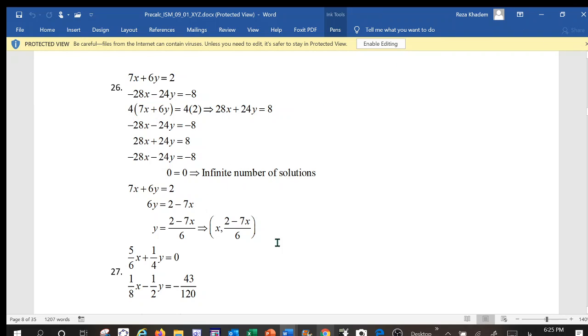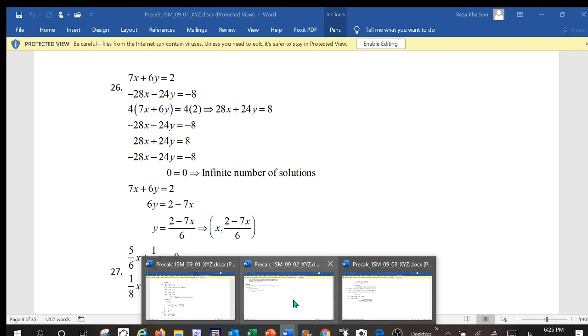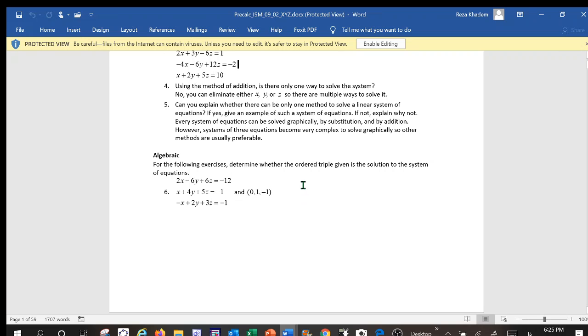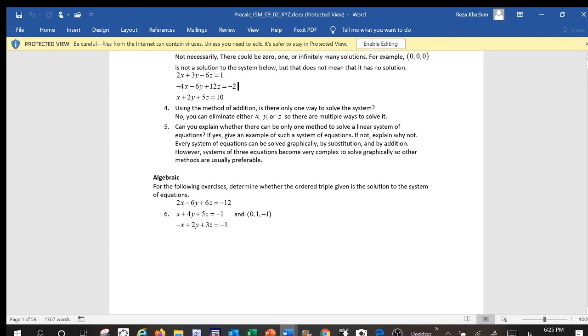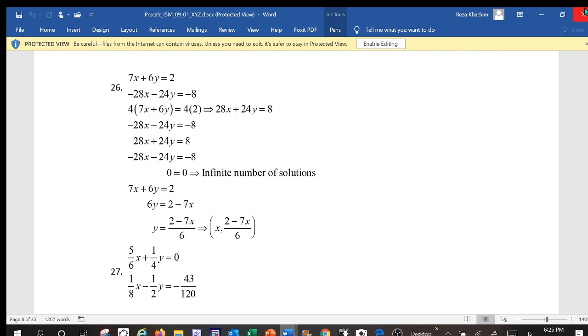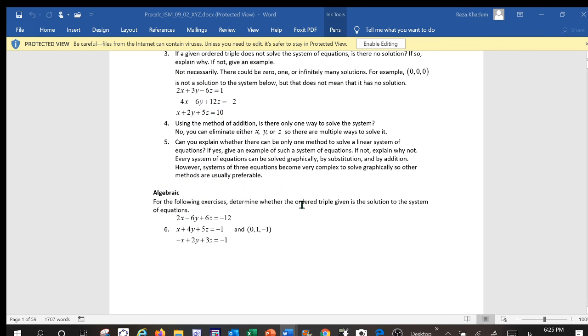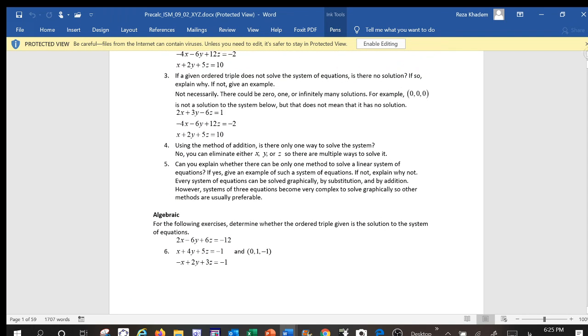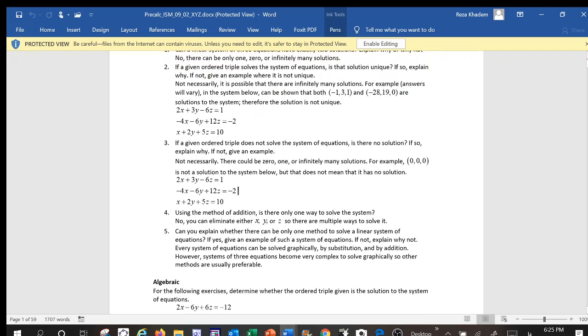Now, how does this work if we have a 3 by 3 system? Well, let's look at some. It doesn't really change, everything is the same. Let me close that one so we use less memory here. All right, so a 3 by 3 system is the same thing.